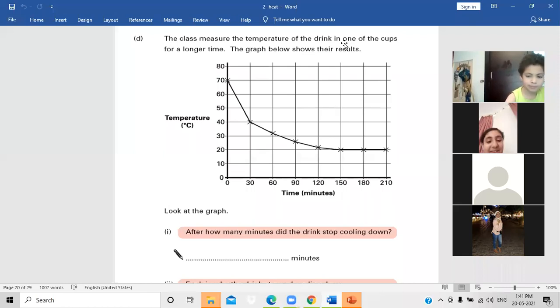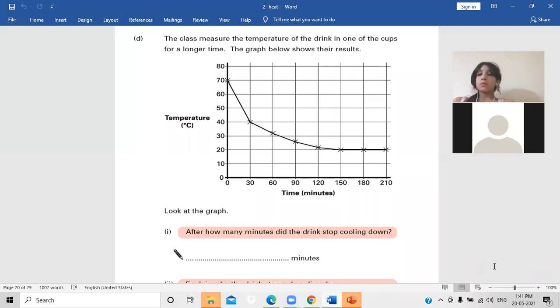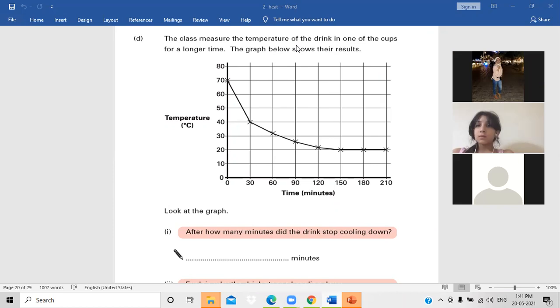What was the temperature of it? No, I'm not asking about when. I'm asking about what is the temperature that the drink reached and stopped decreasing after that.